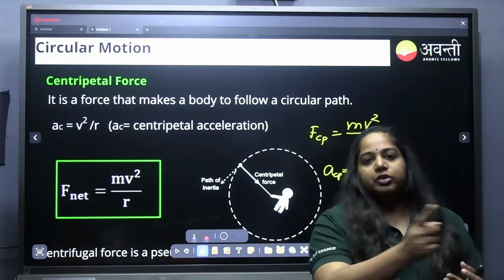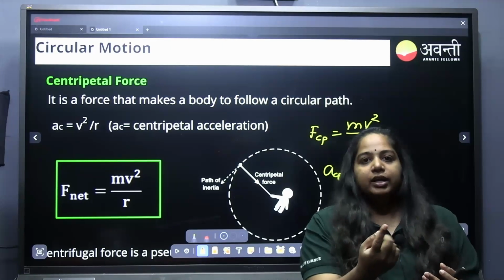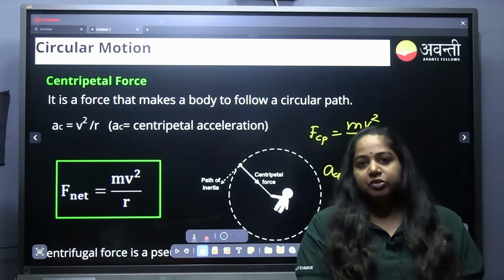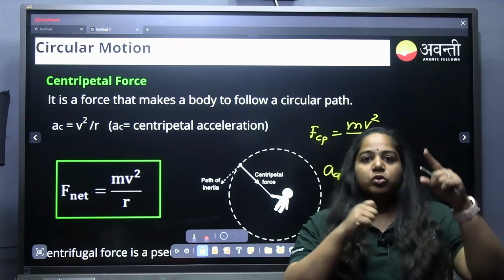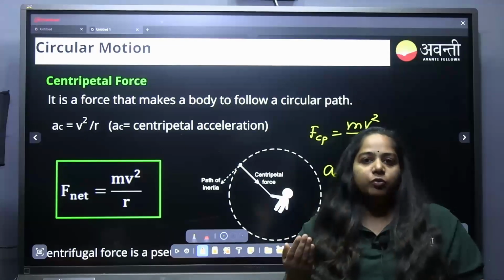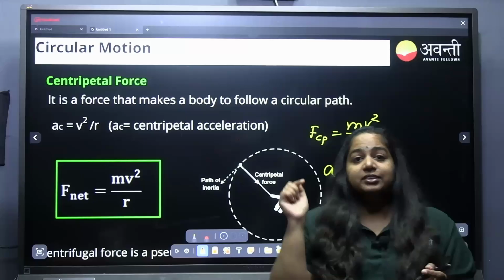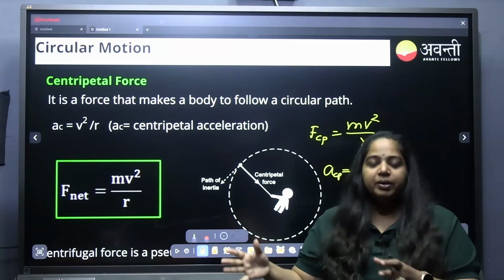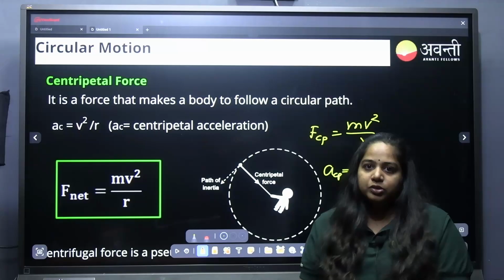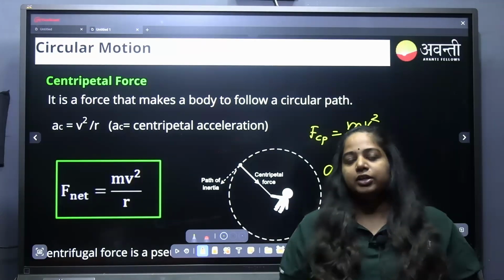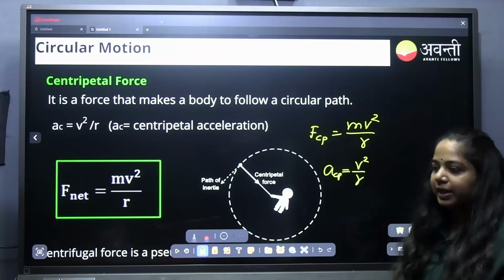If the earth is rotating around the sun, the force pulling towards the middle is gravitation. If you tie a stone to a rope and rotate it, the force acting towards the center is tension, so tension is acting as centripetal force. There is no separate force called centripetal force. We just give that name to whichever force is acting towards the center. I hope that is clear.